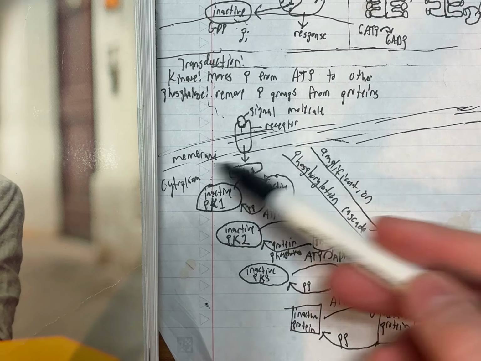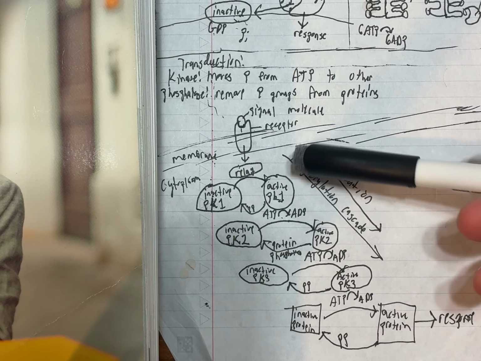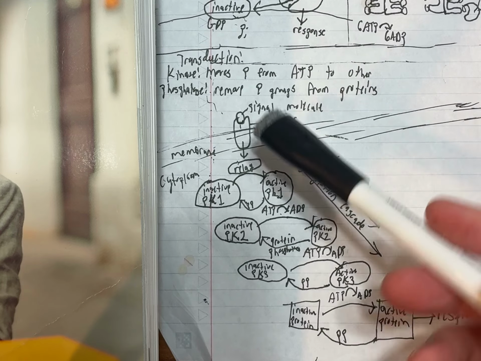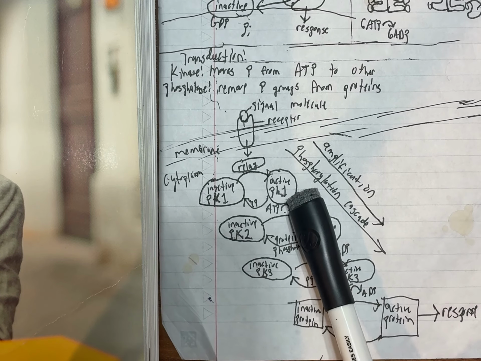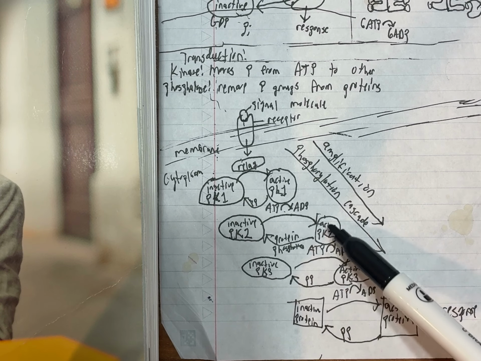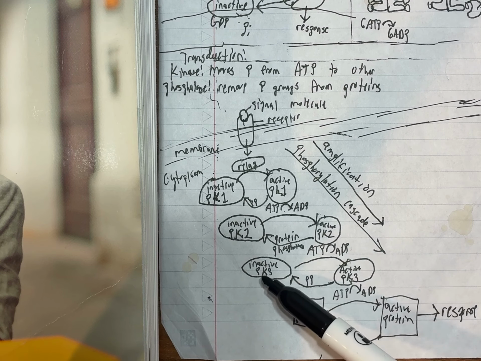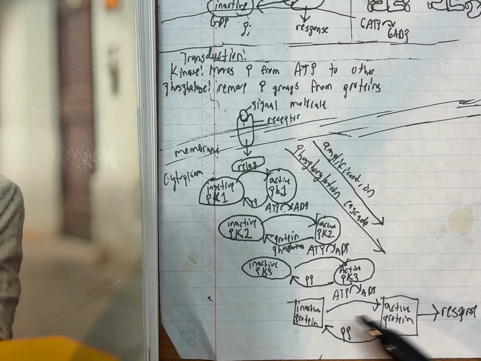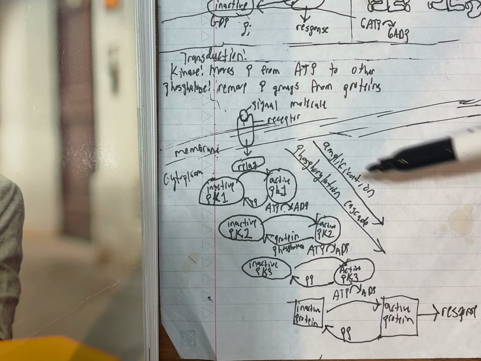So ignore everything up here, but basically we have this inactive PK1 that goes to the active PK1, which activates the next one, which when that becomes active can activate the next one, and it just goes on and on like that. As we do that, we get amplification through this phosphorylation cascade. So that was the epinephrine pathway.